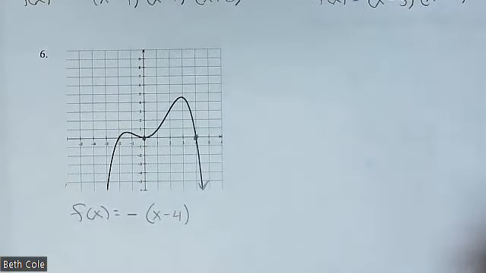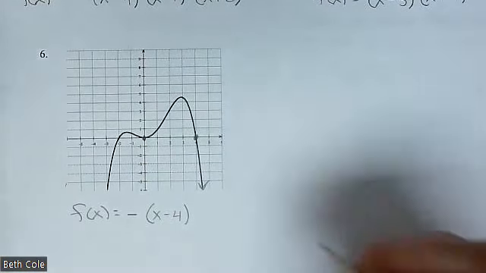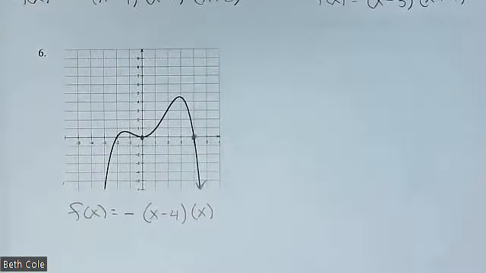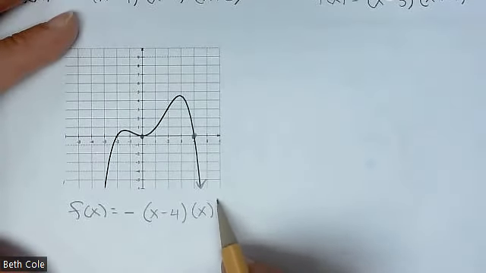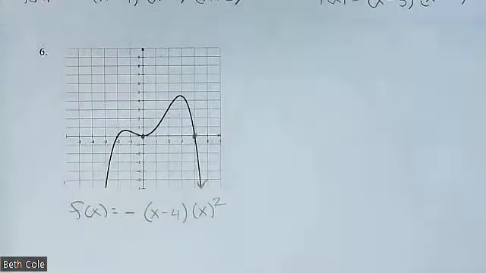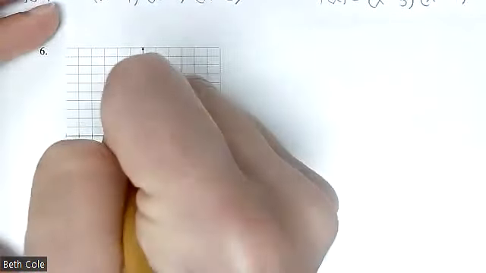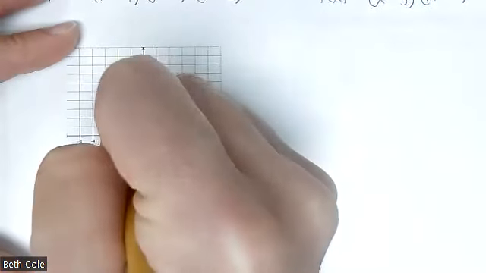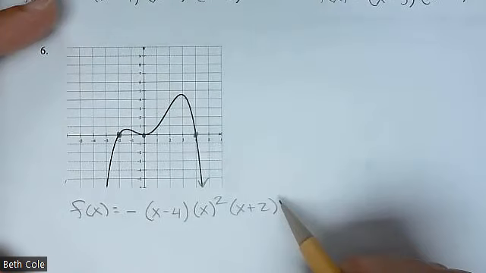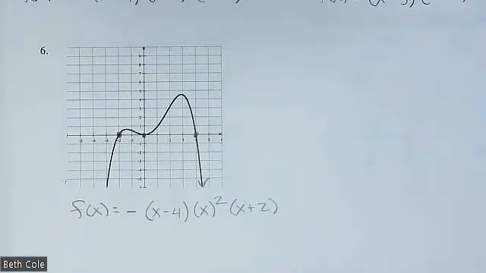So you can write x minus 0, or you can just put x because x minus 0 is just x. And then what's the multiplicity on that one? Squared. Good. 2. All right. And then the last one is at negative 2. So we're going to put x plus 2. And what's the multiplicity on that one? 1. So you can write it or not.